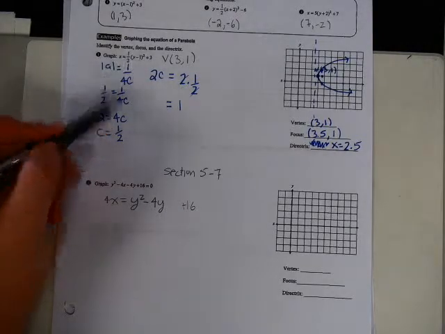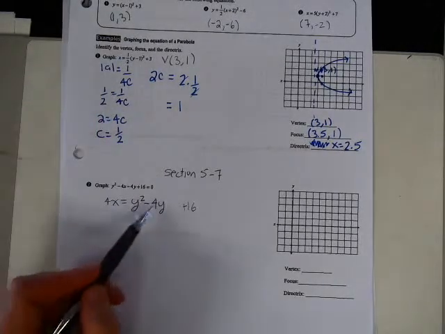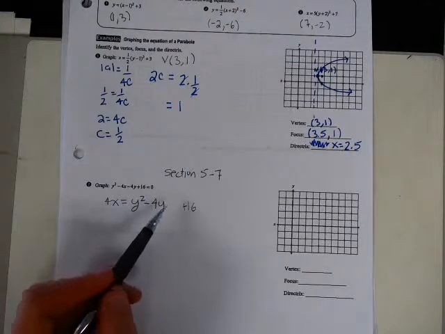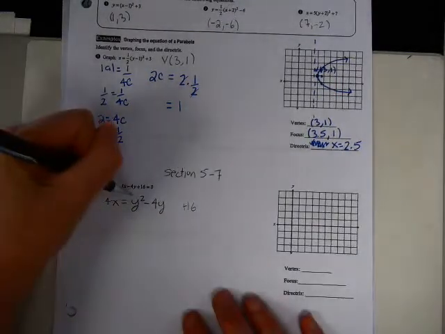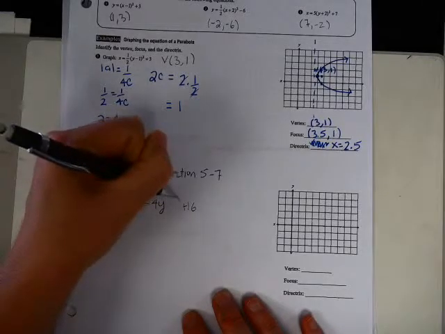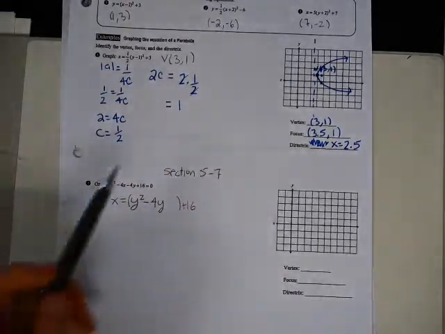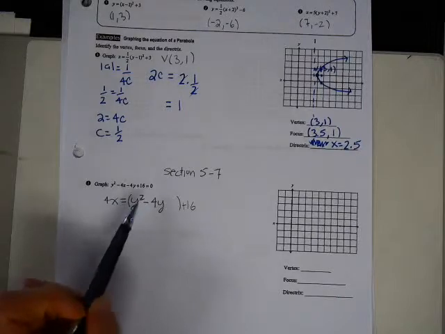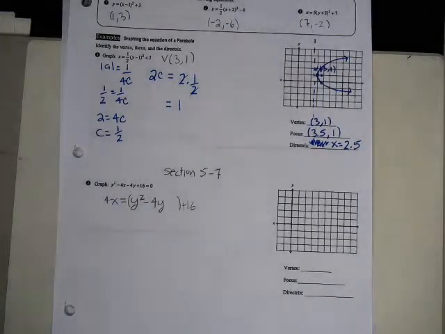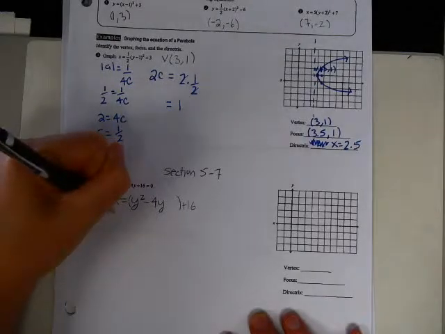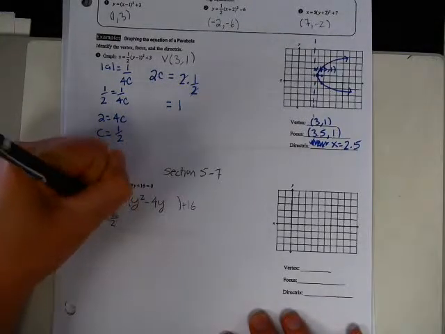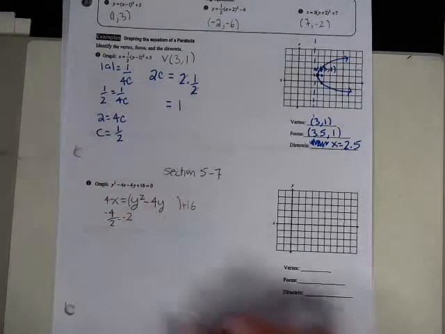So in order to get a perfect square here, I need to create a trinomial that will give me that. If you remember what we do here, I'm going to put a parenthesis right here. Remember that negative 4 is my b term. So I'm going to take negative 4 and divide it by 2. I'll show you that step. Negative 4 divided by 2 gives me negative 2.